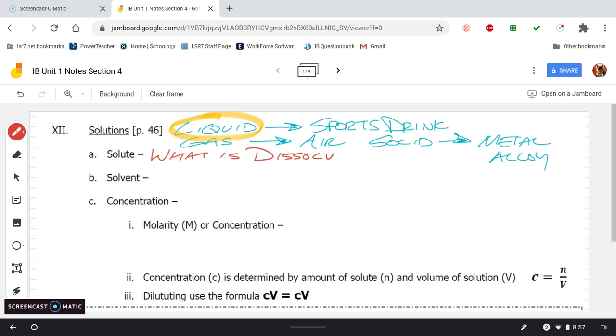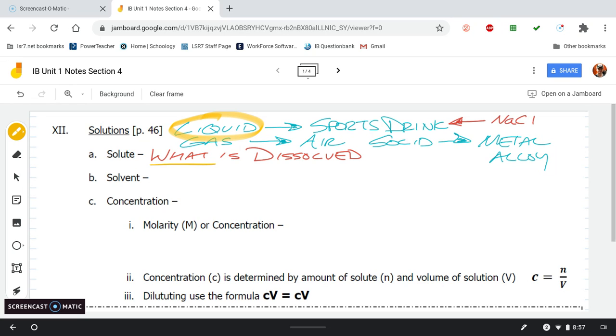Maybe in our sports drink you have some salt, some sodium chloride, and that would be a solute. Now there's more than that, like sugar and potassium chloride and other things, but that would be a solute because it is being dissolved.